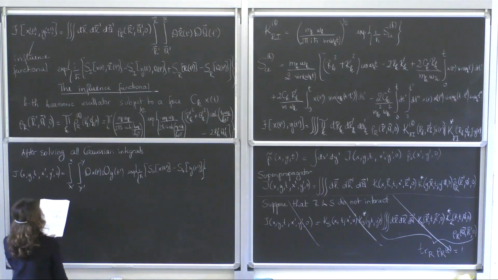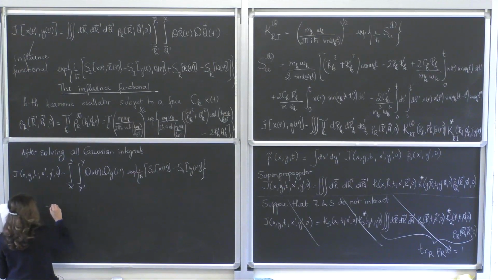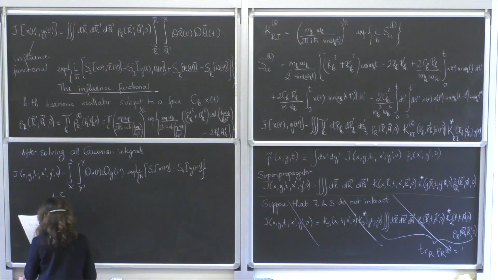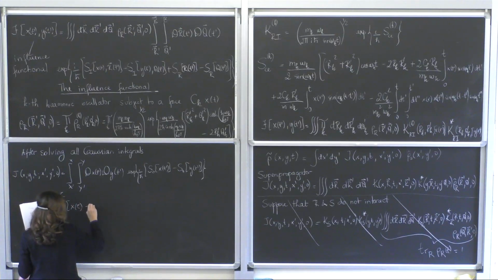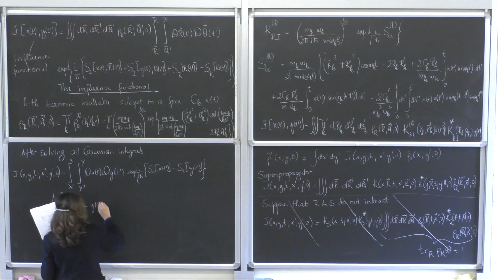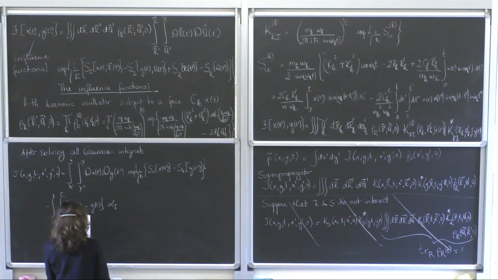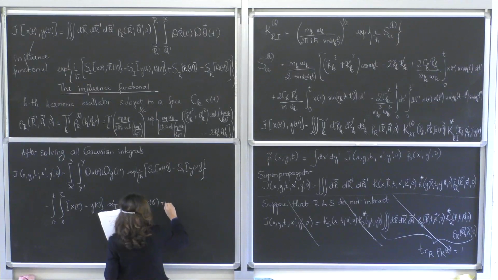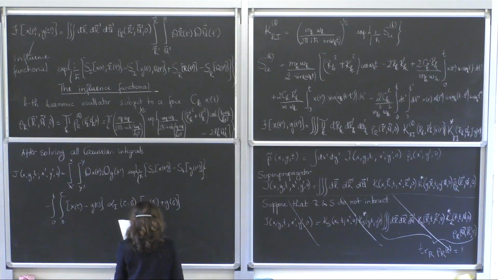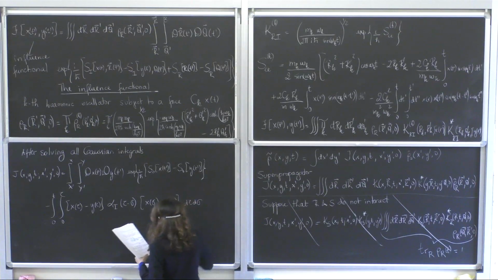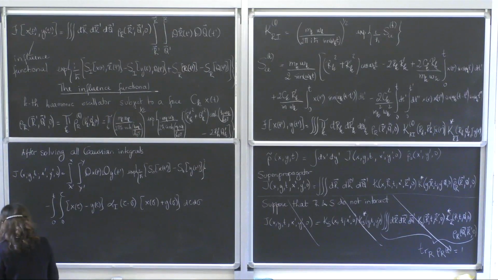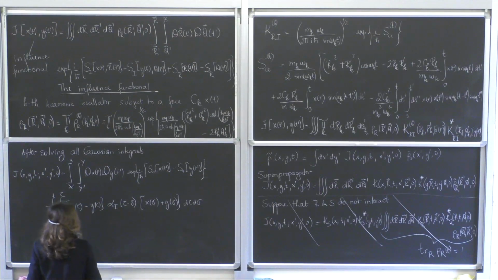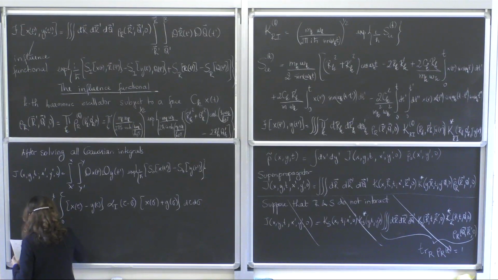And now the part that's coming from the reservoir is minus integral from 0 to t, from 0 to tau, of x of tau minus y of tau, times some function, some kernel, alpha I of tau minus sigma, x of sigma plus y of sigma, d tau d sigma, times exponential of minus 1 over h bar.